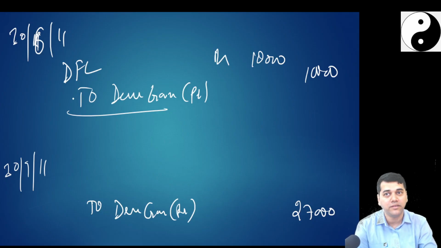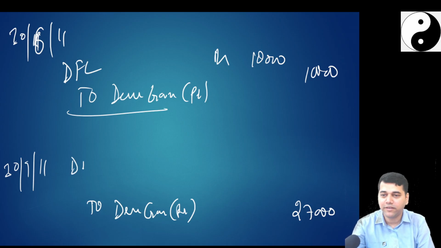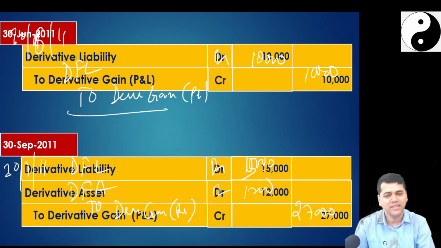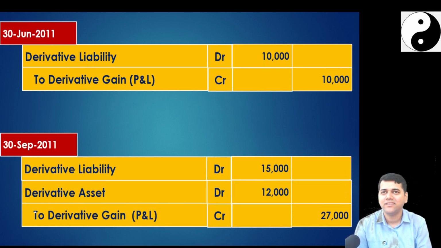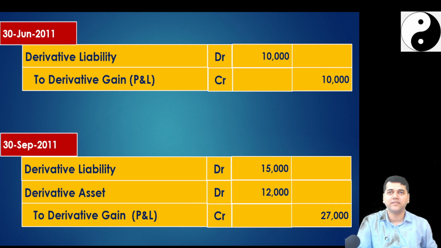Plus of 10 means whatever the plus is, that means your loss got recovered now. So then debit what? Derivative financial liability debit 15,000, because that 15,000 balance was there, which you will write off. Derivative financial asset 12,000. Easy, no? Derivative accounting. I don't know who is saying it's difficult.